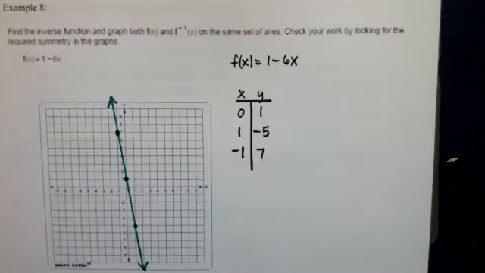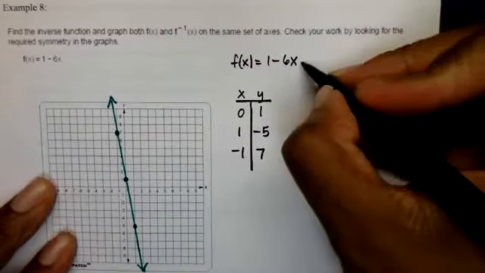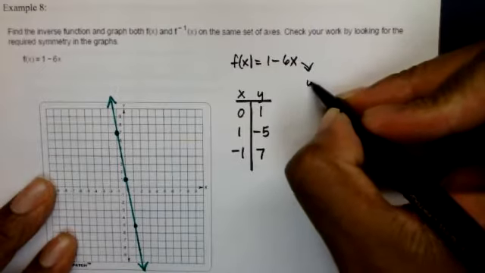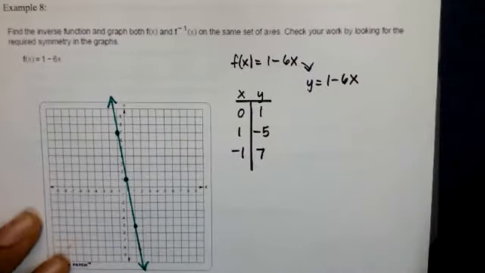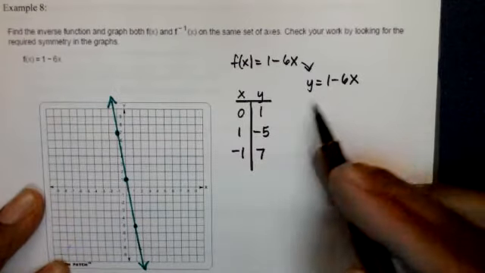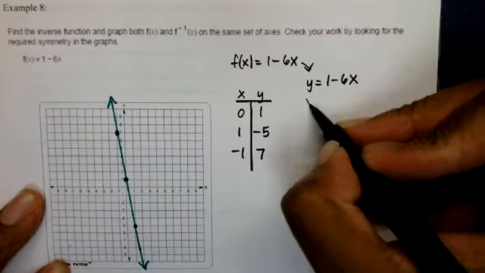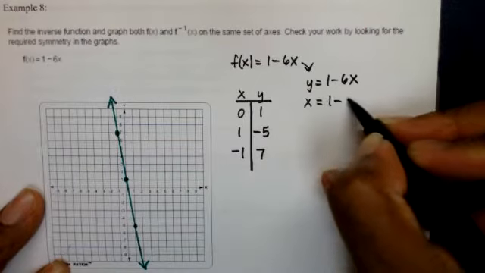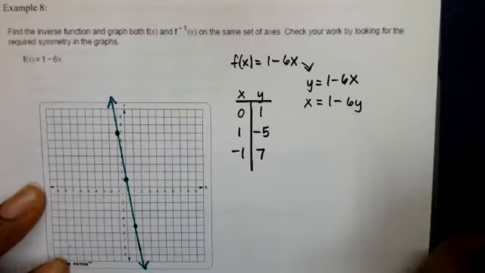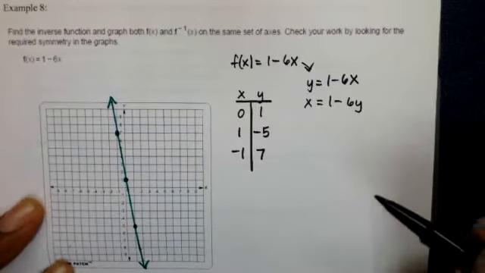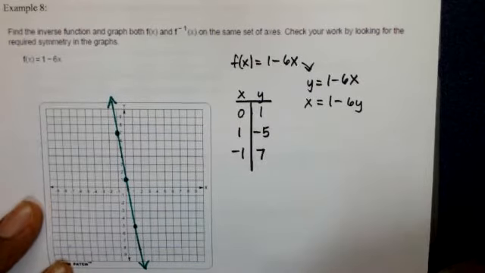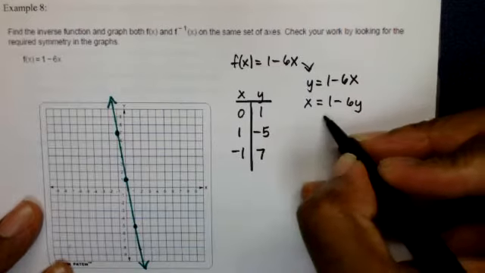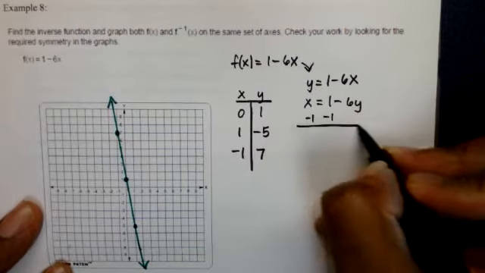Now let's look at f inverse of x. I'm going to find that by letting f of x be equal to y. So it'll be y equals 1 minus 6x. And then you interchange x and y. So the y becomes x, and it's equal to 1 minus 6y. Next I'm going to solve this equation for y. Well, let's first subtract 1 on both sides.